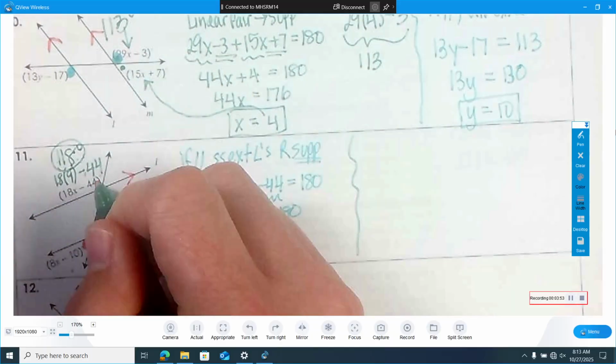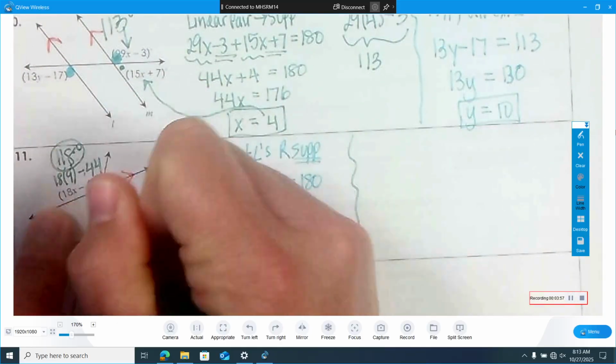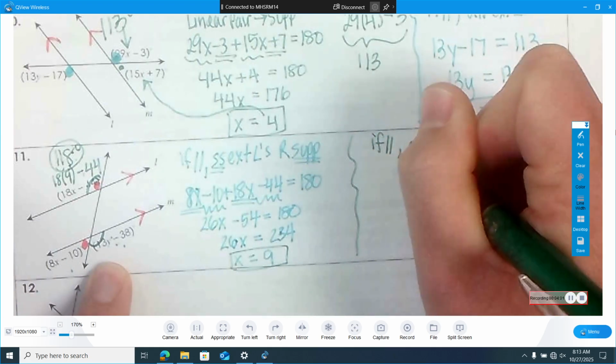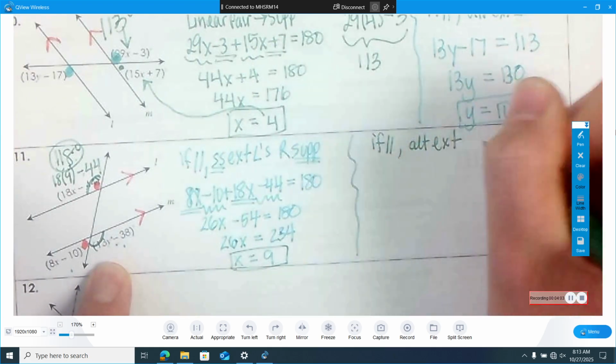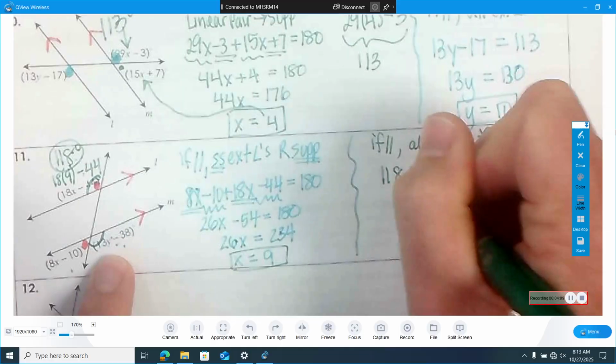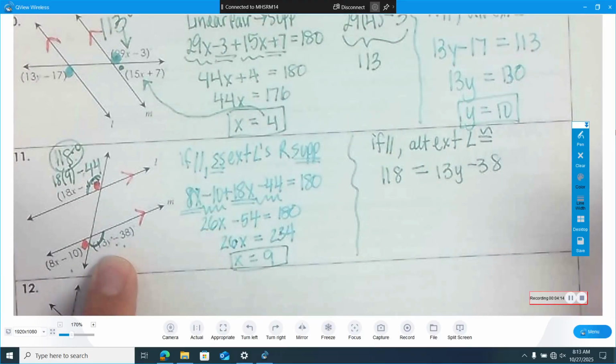So this angle is 118 degrees. And I know that because of parallel lines, if parallel, alternate exterior angles are congruent. And so these two green angles are congruent. So 118 is going to equal 13y minus 38. All right. Alternate exterior angles are congruent.